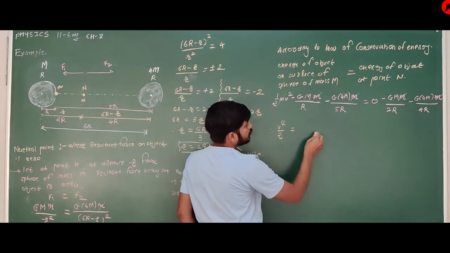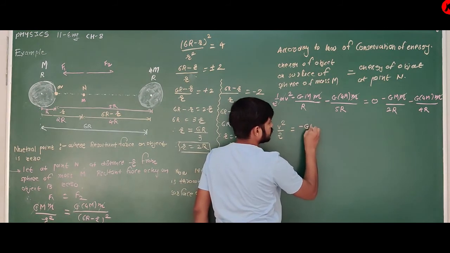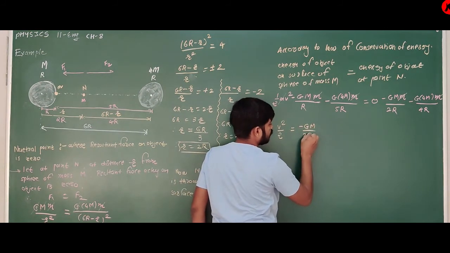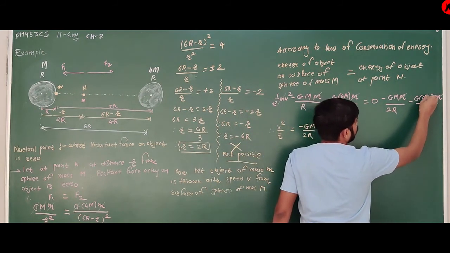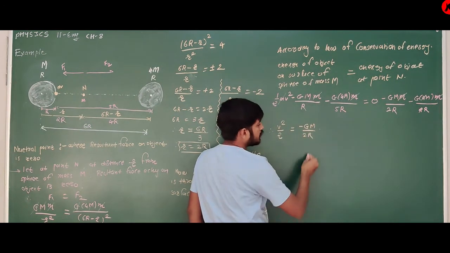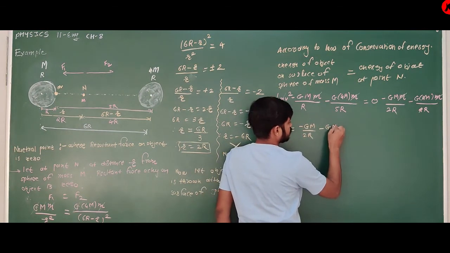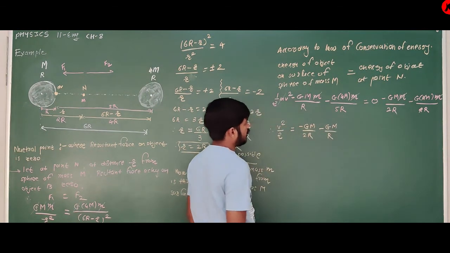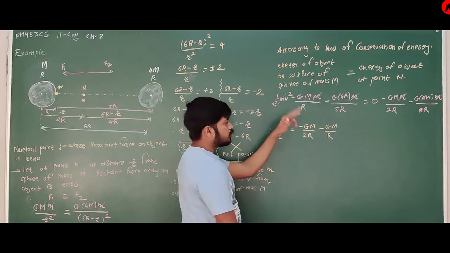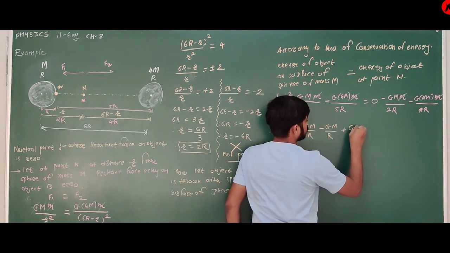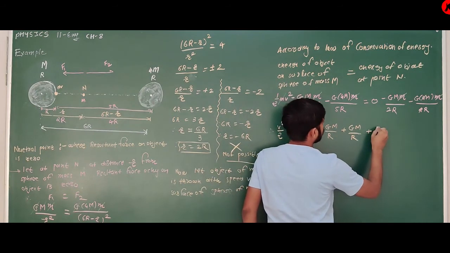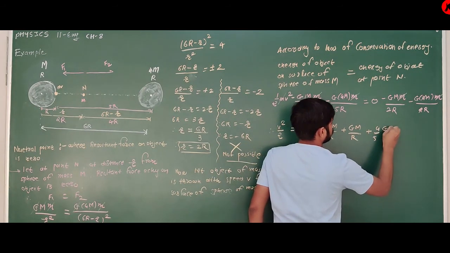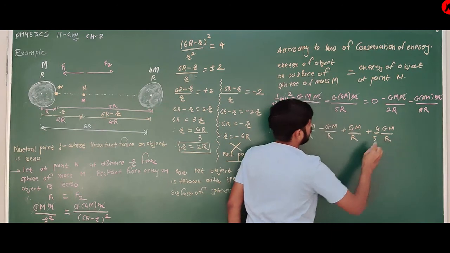So it is minus GM upon 2r, then 4 cancels, so it is minus GM upon r. Now if I take this minus GM upon r to the opposite side, it will become plus GM upon r. It will also become plus 4 by 5 GM upon r.